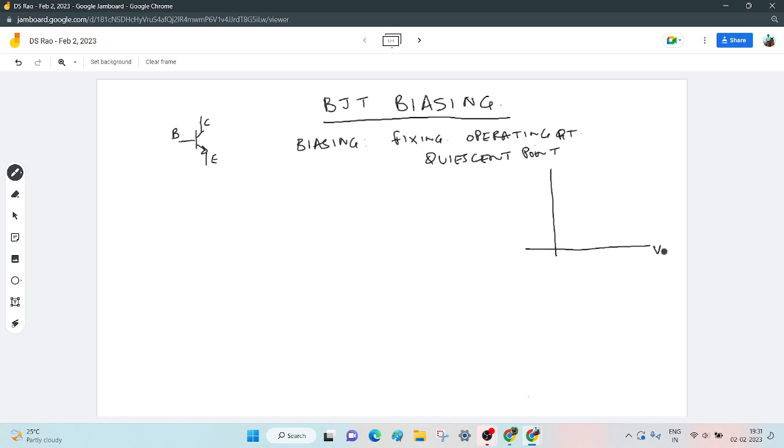We have the x-axis showing the collector to emitter voltage. You have the transistor here. I want to fix the collector to emitter voltage VCE, and I want to fix the collector current IC.